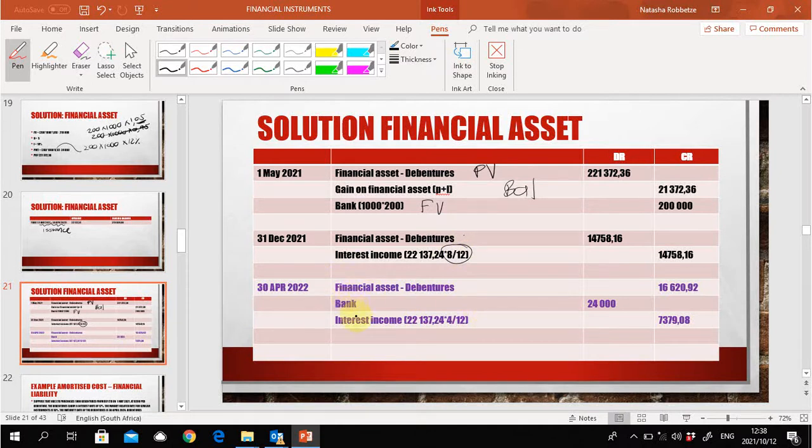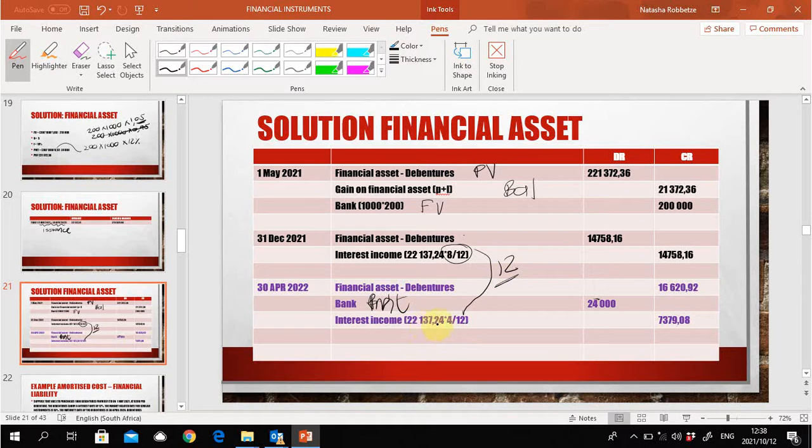When the payment date does come, we're going to make our payment, which is out of our bank, or we're going to receive the payment made into our bank. So there's the payment that we typed into our financial calculator. There it is. Then we need to recognize the rest of the interest income, because between 1 May and 30 April, 1 year has lapsed, and at year end we had to recognize 8 months. So for 1 year, we had to recognize another 4 months to get to 12 months.